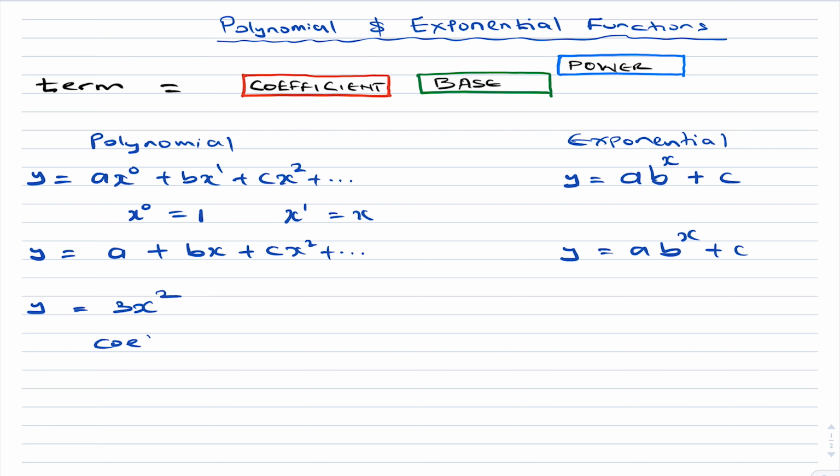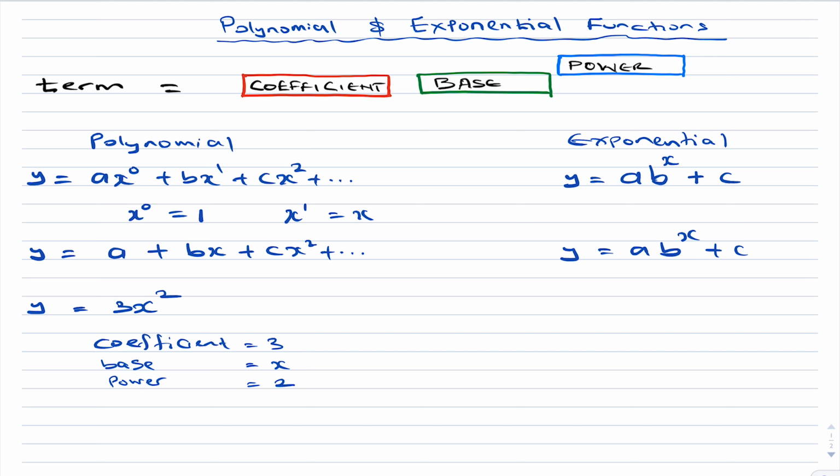So coefficient equals 3. The base equals x. So the base is the variable, and the power is 2. That's a number.